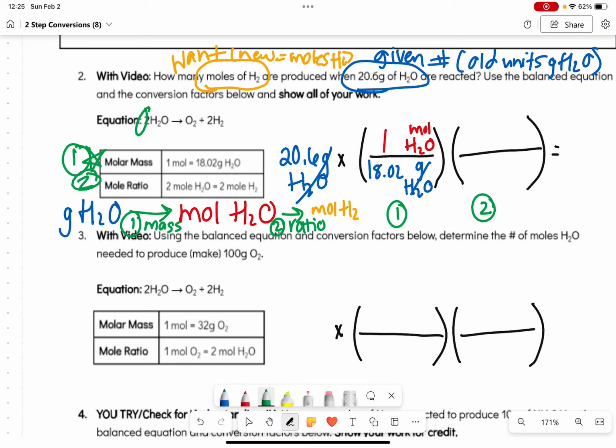Now remember, those numbers come from our coefficients of the substances we're using. Okay, because moles H2O is what I am starting with, moles H2O is going to go on the bottom. Every time you have multiple parentheses, the top unit of the previous parenthesis goes in the bottom of the next one, and that's to cancel out your units.